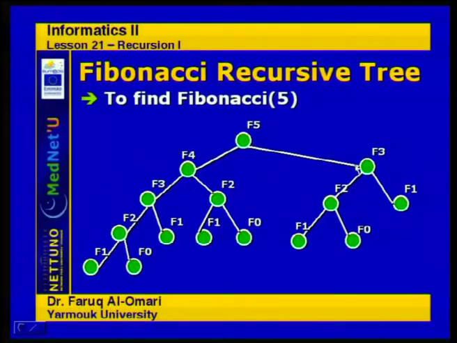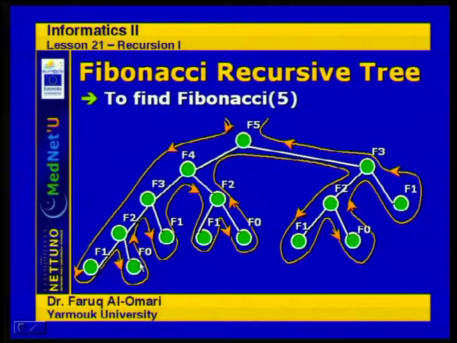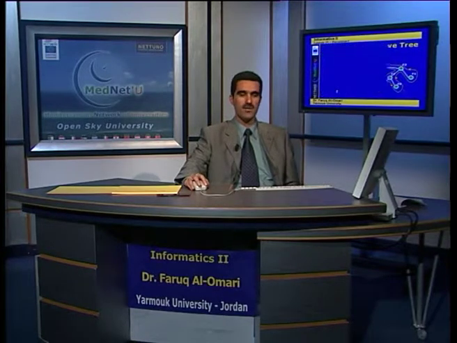And here is a tree showing the case of finding the Fibonacci of 5. Fibonacci of 5 is basically Fibonacci of 4 and Fibonacci of 3, right? So to calculate this, you need to calculate these two, and so forth. Very simple. So you go through this whole process one after the other recursively, and you can find then the Fibonacci of 5.